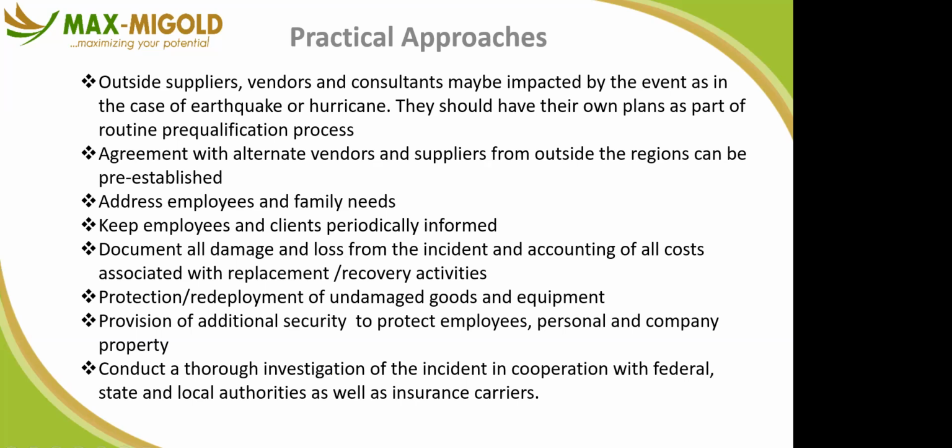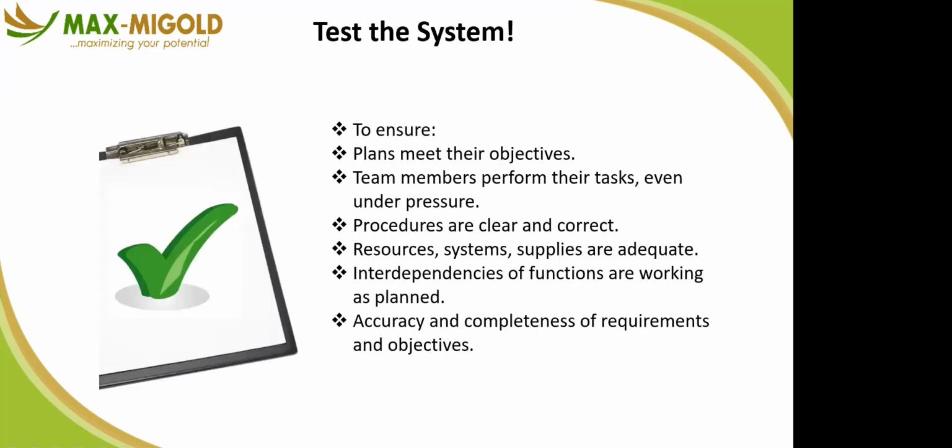Okay. Next slide, please. Drill. Test the system. We need to test the system. All right. And so we keep on testing the system to ensure that we meet our objectives.